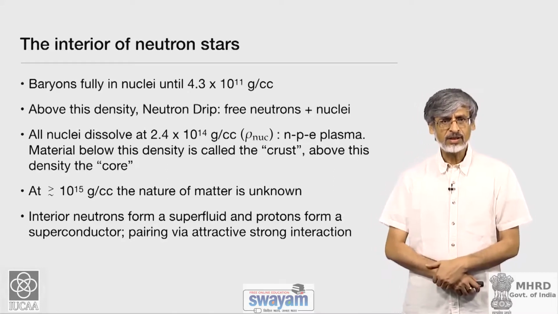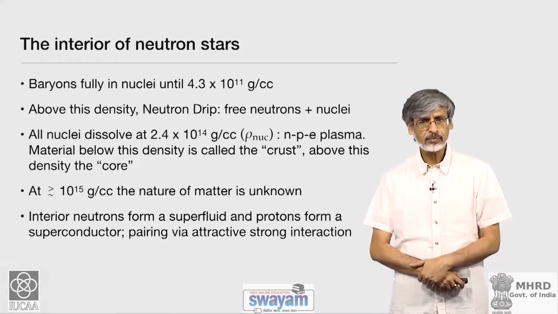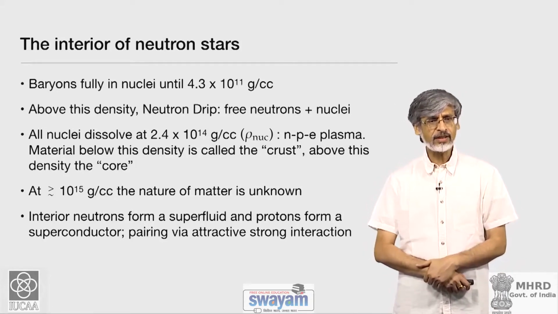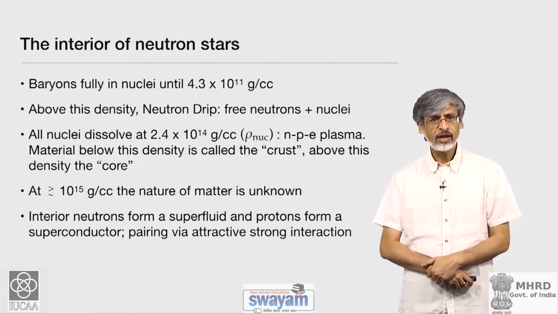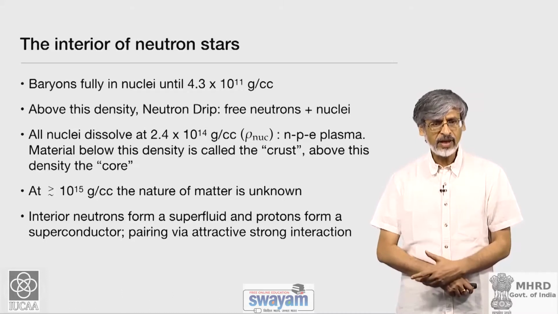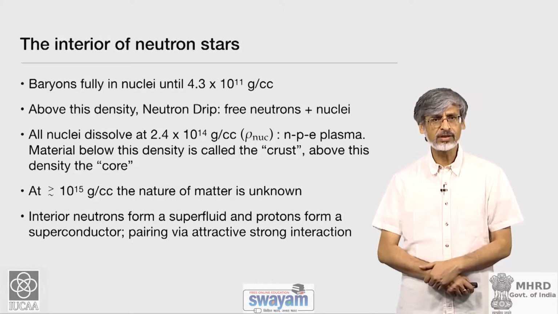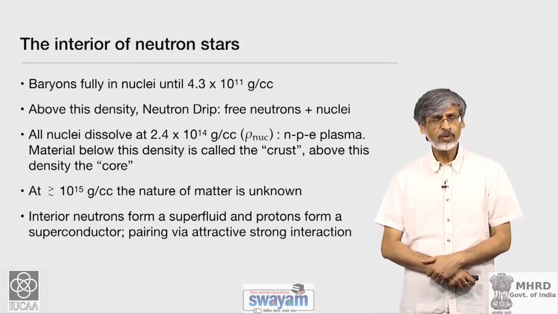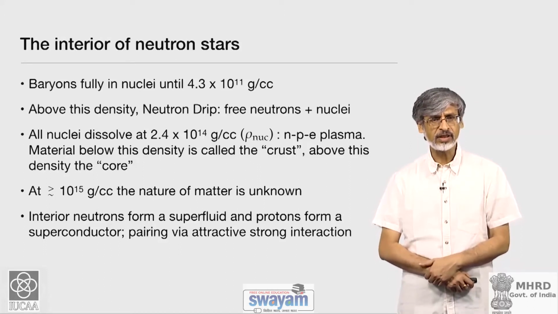In the interior of the neutron star, where neutrons and protons are present, the neutrons interact via the strong interaction, and so do the protons, and the interaction, which is attractive between these Fermi particles, causes them to form a paired bosonic state, which is a superfluid state.